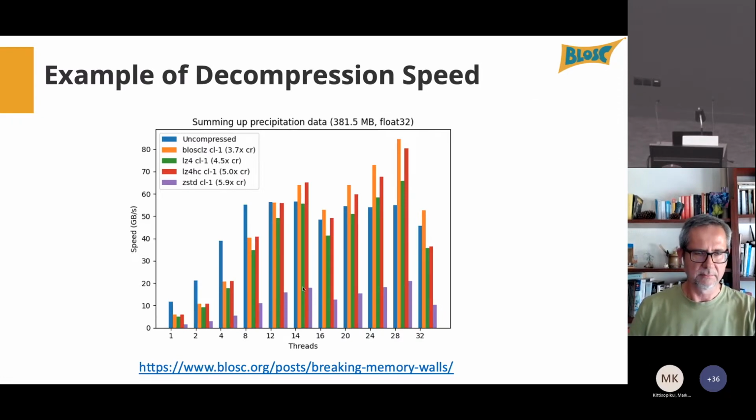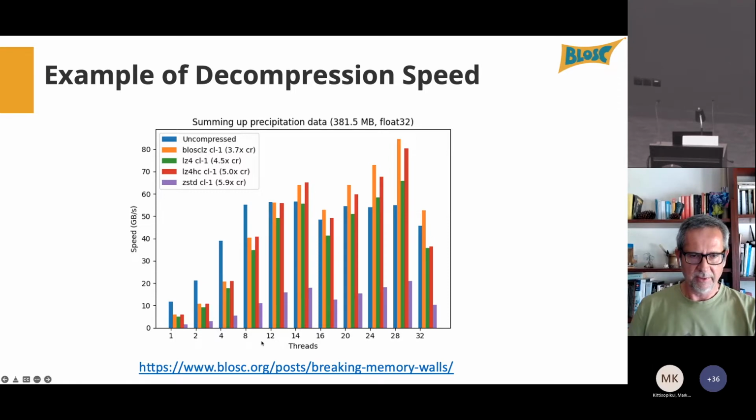Also, let me show you an example of the decompression speed that we claim accelerates computations. This is a benchmark based on actual data. It's precipitation data that has been summed along some axis. It's a multidimensional data set.